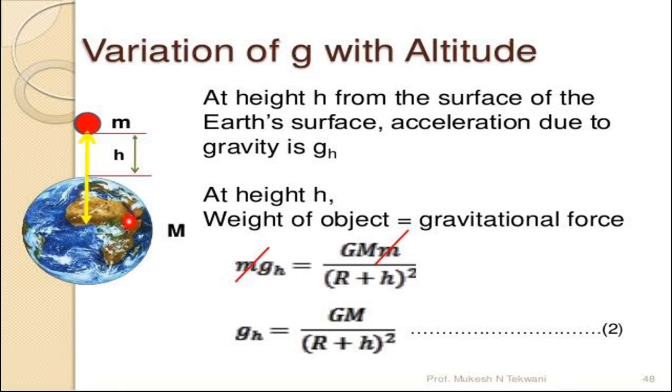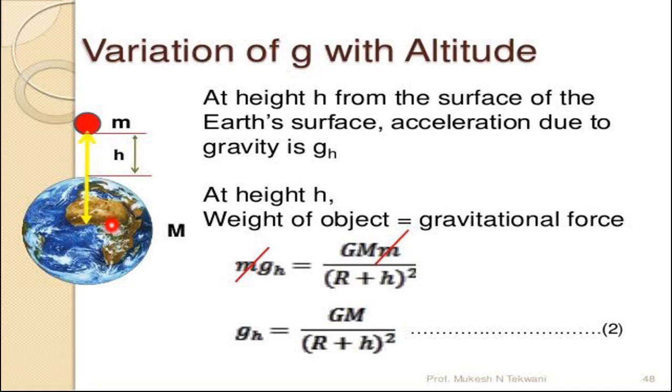Now I know that force is equal to mg, and force is equal to G m me divided by r square, which is the gravitational force from Newton's law of gravitation. Now here d square, or we can say r square, is the distance of the object from the center of the earth.